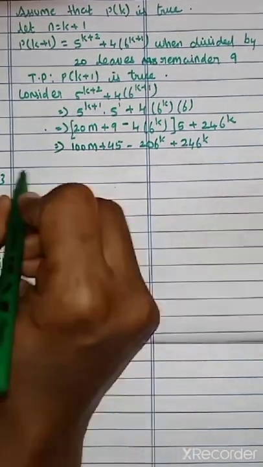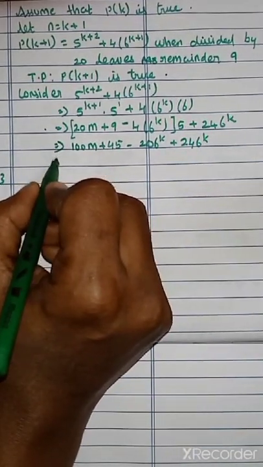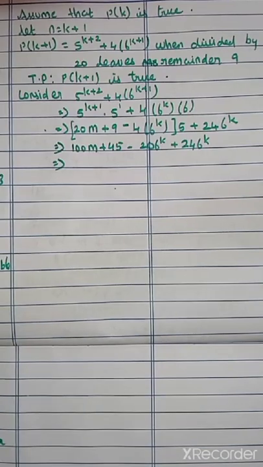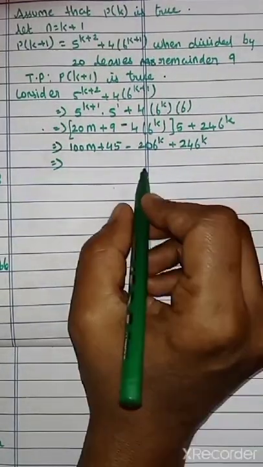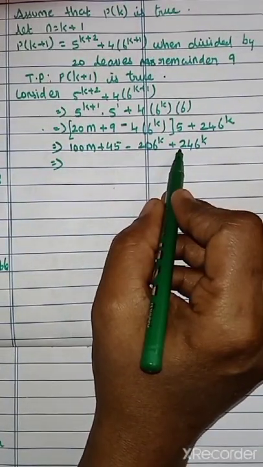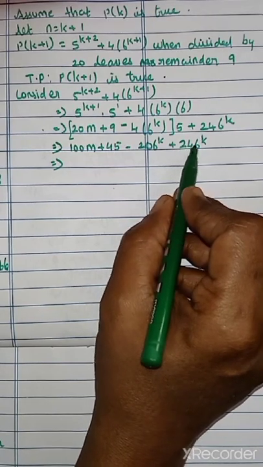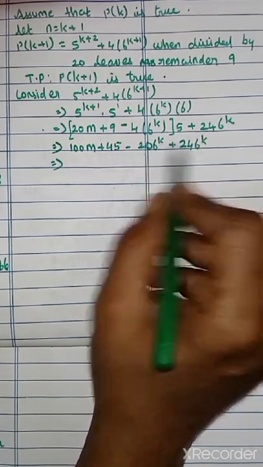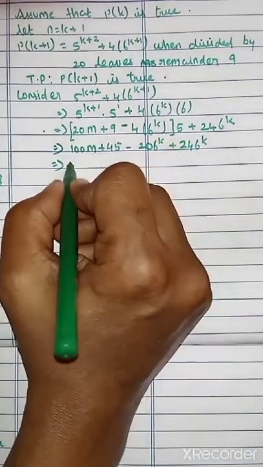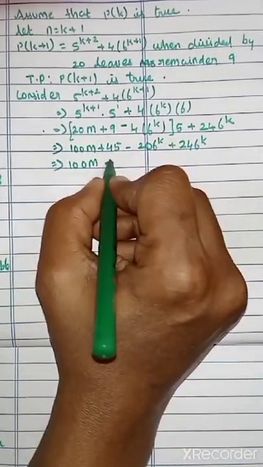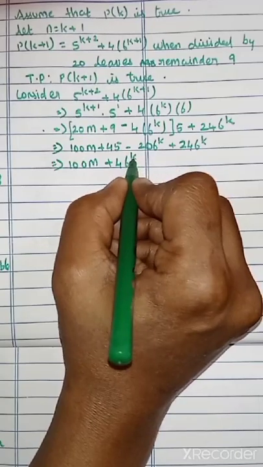Is that right? Again, we can write this as minus 20 plus 24 is plus 4, 6 power k, if we add these two, right? So we can write this as 100m plus 4 into 6 power k, right?